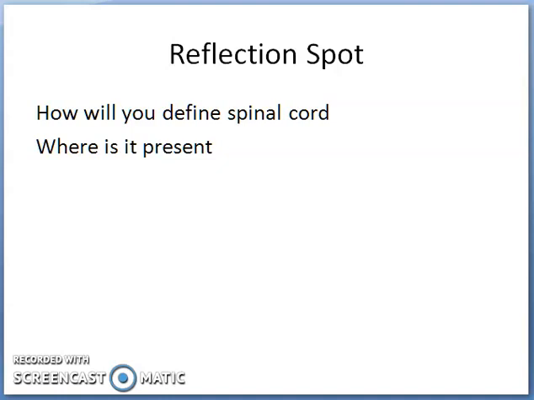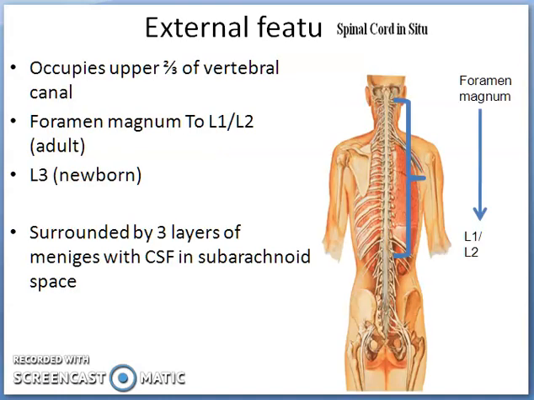Now that you are done with your answer, you must have written that the spinal cord lies in the vertebral column or vertebral canal. Yes, the spinal cord occupies the upper two-thirds of the vertebral canal.